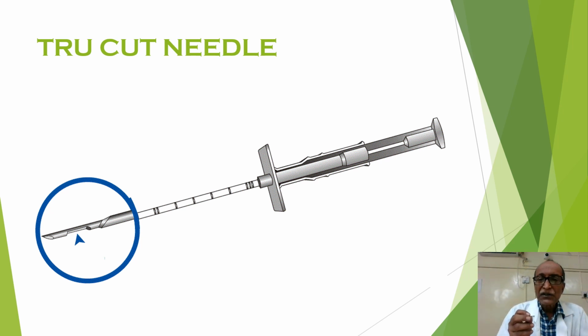This is one of the easiest ways of collecting, but it should be done under guidance of a doctor. It can be performed and it should be learned by all the paramedical staff. I am sure that this can be done. This will go a long way in diagnosing a cancer early.